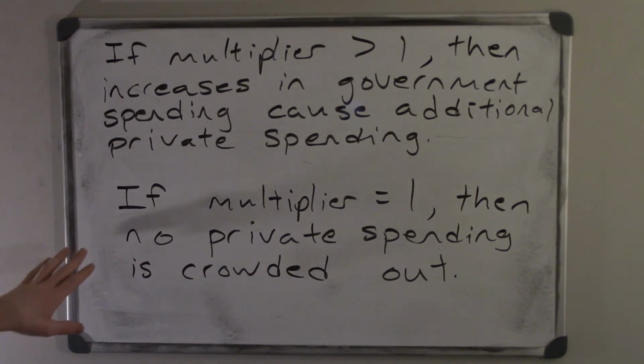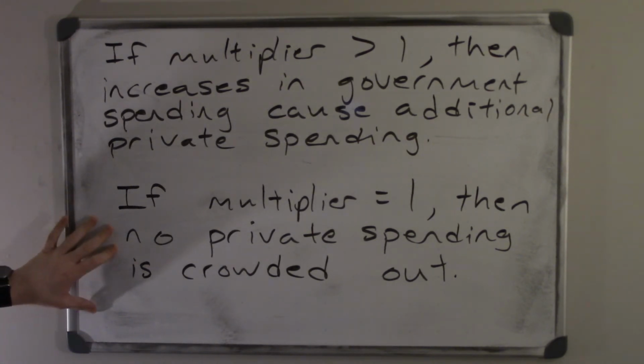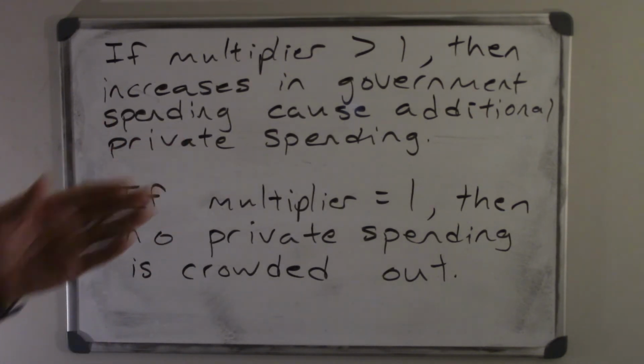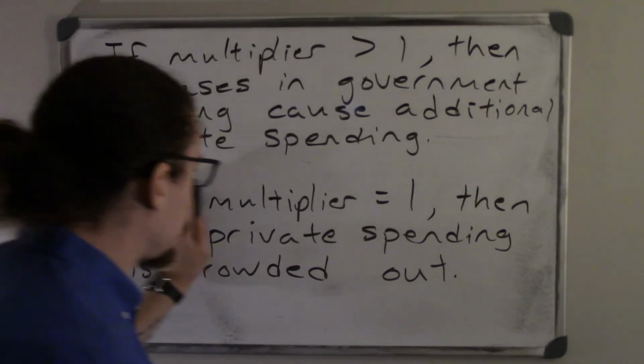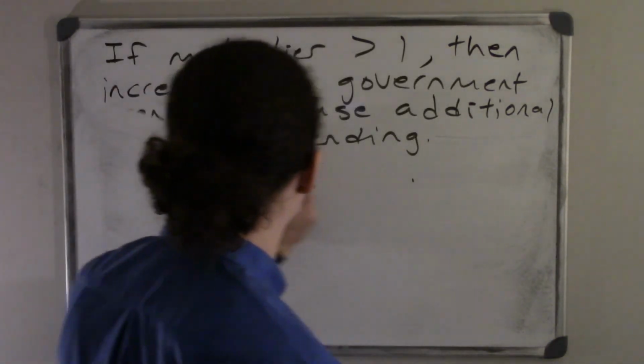But until you actually get to 1, there will be crowding out. Then of course, at exactly 1, no private spending is crowded out. But once you go past 1, to larger numbers, that's when we see that multiplier effect actually happening and see that additional private spending.